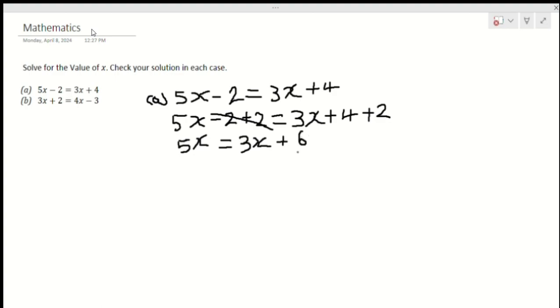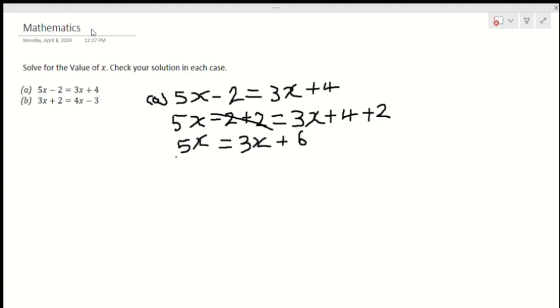Now I want to have the x's on one side. If I want to take away the 3x from this side and put it over here, I have to do the same thing to both sides. So I can take away 3x from this side, as well as take away 3x from this side. Alright, so let's do that.